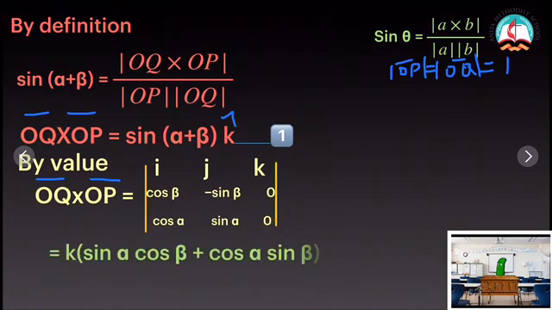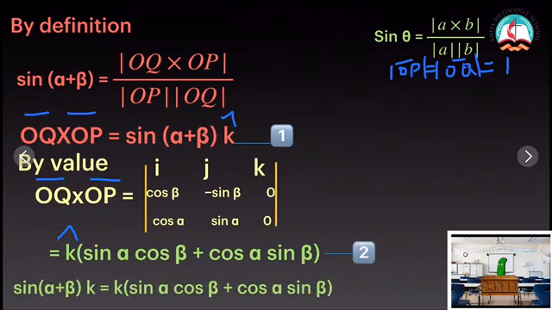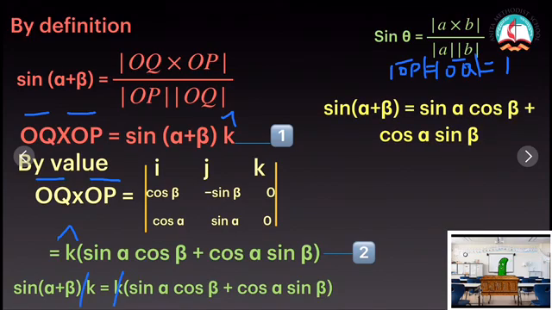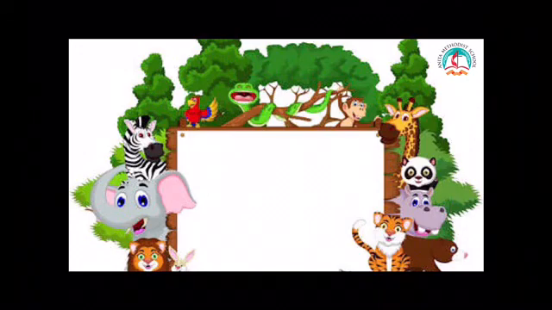Using the values, it becomes sin alpha cos beta plus cos alpha sin beta into k, because the i and j components are 0. Therefore, we get only the value of k. Now I can cancel k on both equations. Then sin(alpha plus beta) is equal to sin alpha cos beta plus cos alpha sin beta. This is what we had to prove.